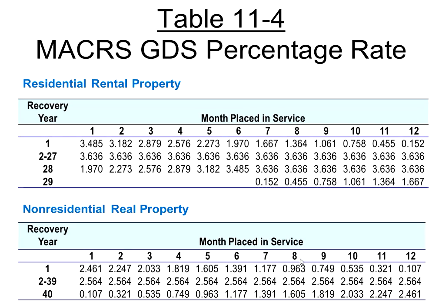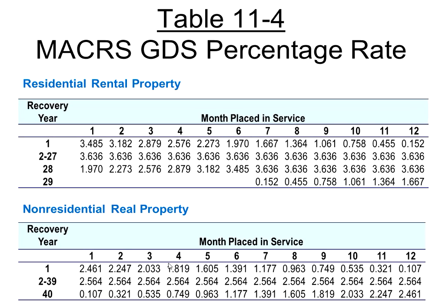So even if we dispose of it in August, it would still be 2.564 all the way for all of those consecutive years. We would have all the way through the 5th year in August, we would still be using 2.564.